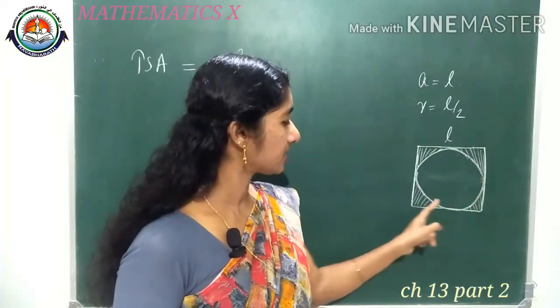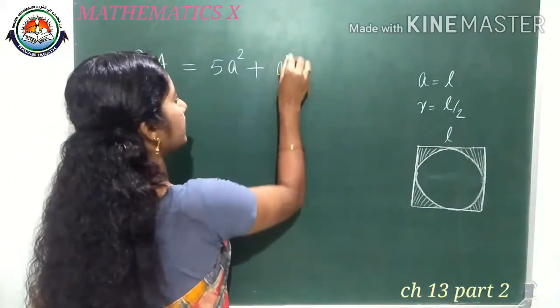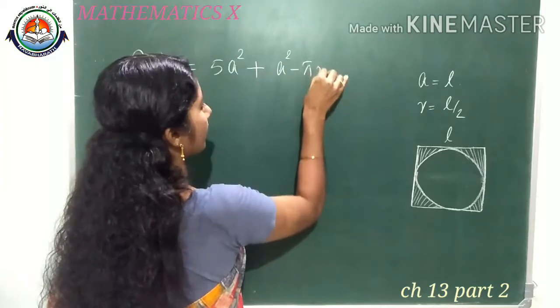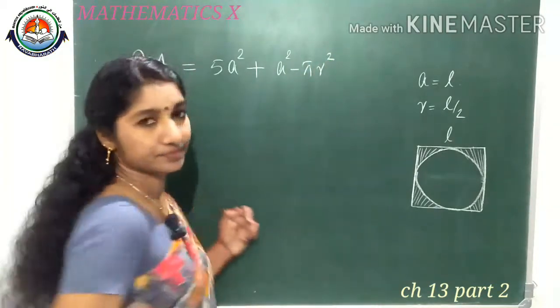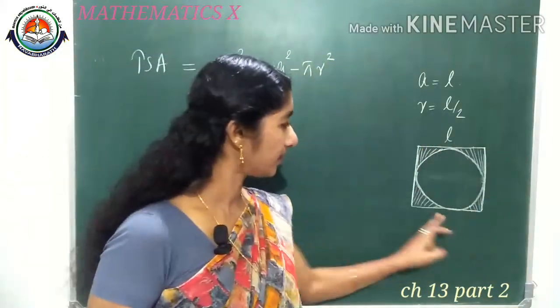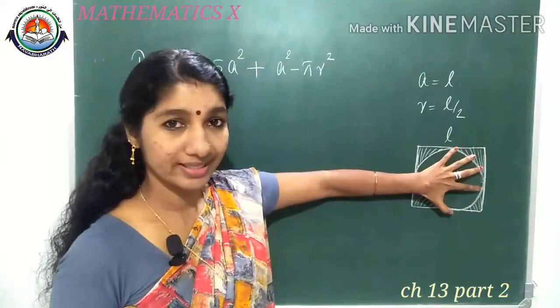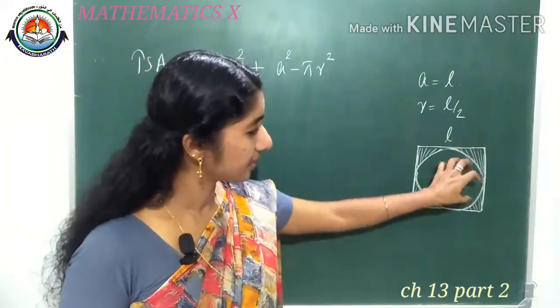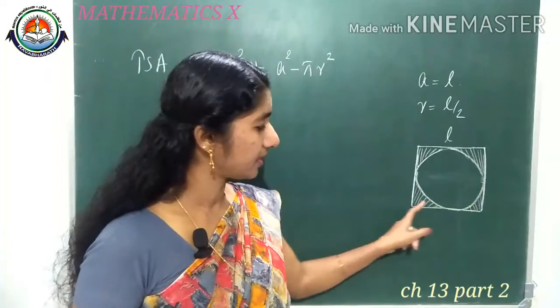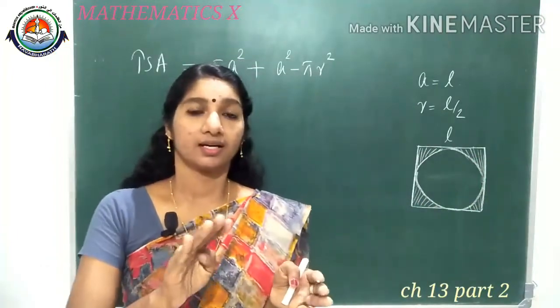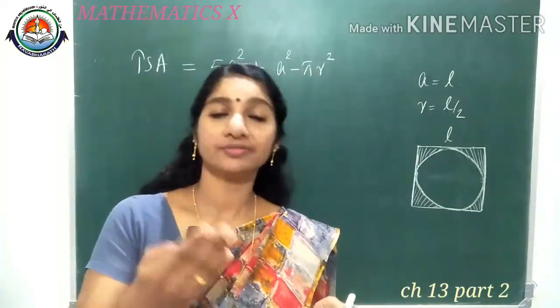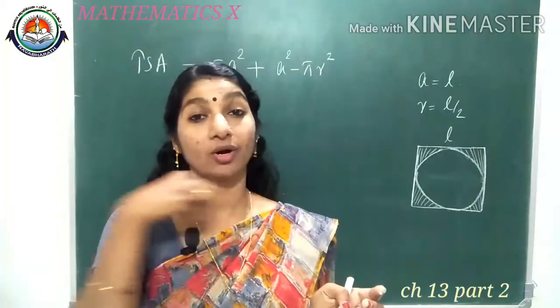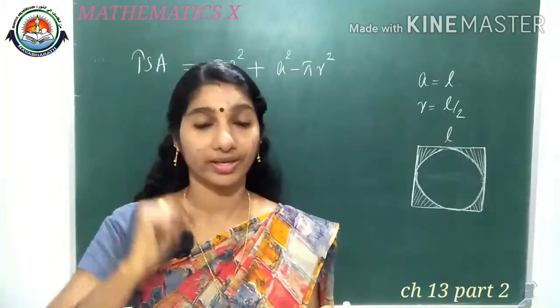These shaded portions' area will be a² minus πr², not πr². Okay, from this square shape, a circle is removed. So this shaded portion's area, after the depression is made, is the balance portion on the four corners of this square.